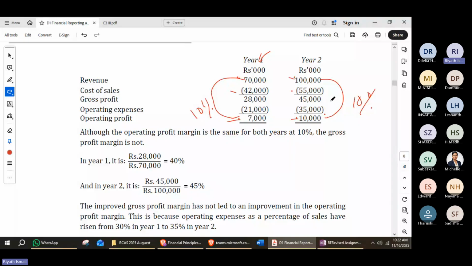So no change in the operating profit margin. Although the operating profit margin is the same for both years, the gross profit margin is not the same, right? In year one, the gross profit margin is 40%. And in year two, the gross profit margin is 45%.